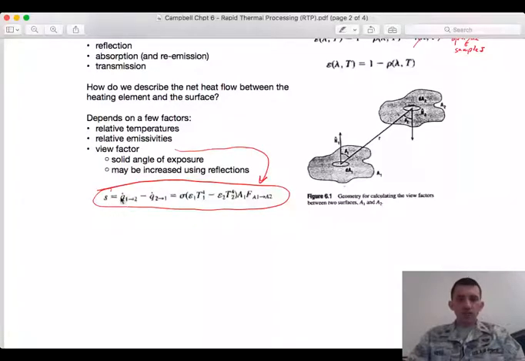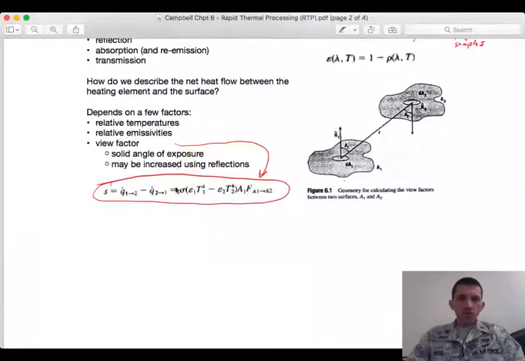We have the heat flow from 1 to 2, say from the lamp to the wafer, and then we subtract the heat that flows in the opposite direction, from the wafer back to the lamp, because as the wafer gets hotter, it becomes a black body of its own and is re-emitting some of that energy.